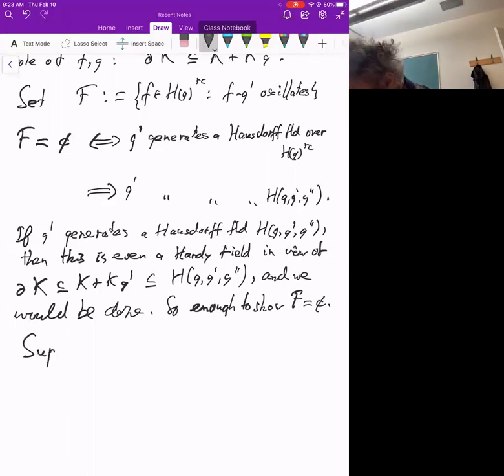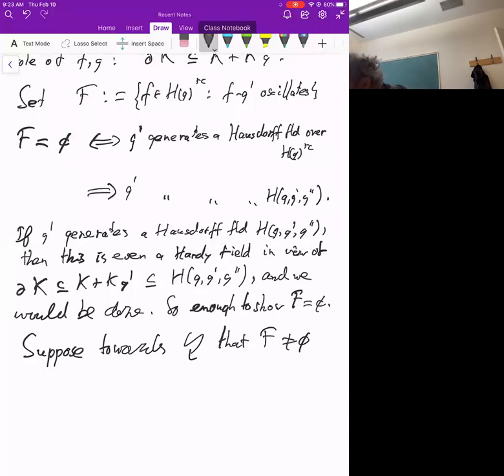Suppose, towards contradiction, this is my symbol for a contradiction, that F is not empty. So there are germs f in this real closure such that the difference f minus g prime oscillates.